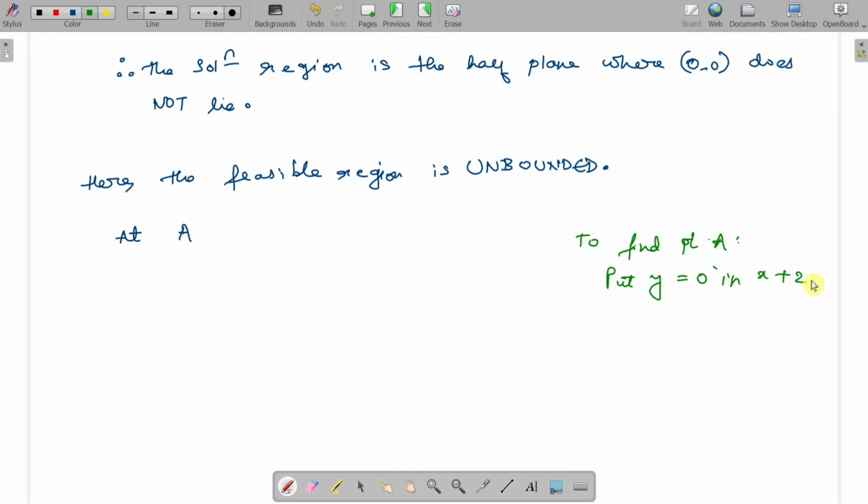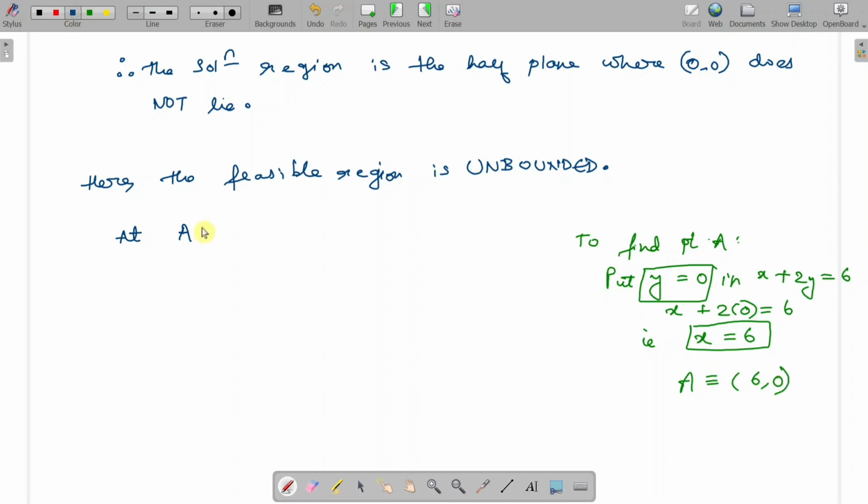So x plus 2 times 0 equal to 6, so x is equal to 6 and y equal to 0. So point A will be what? Point A is nothing but 6 comma 0.